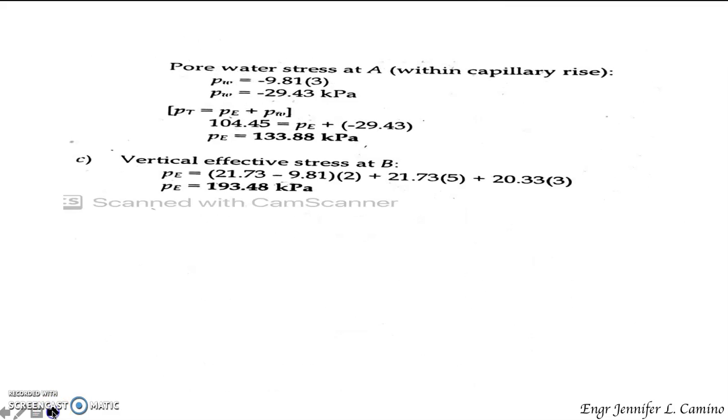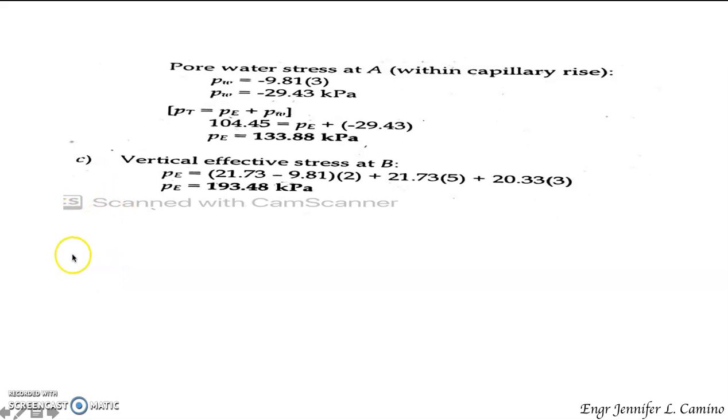It gives us the value of negative 29.43 kilopascal. Then we get our effective stress. We simply substitute the values of the total stress and the pore water pressure. Our effective stress now is 133.88 kilopascal.